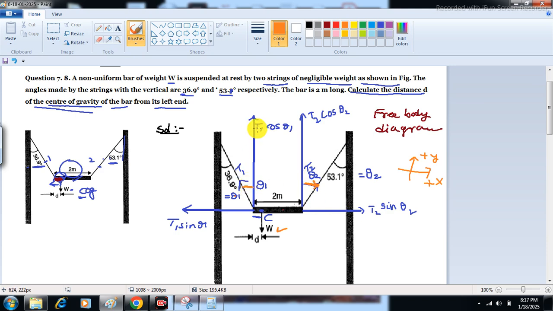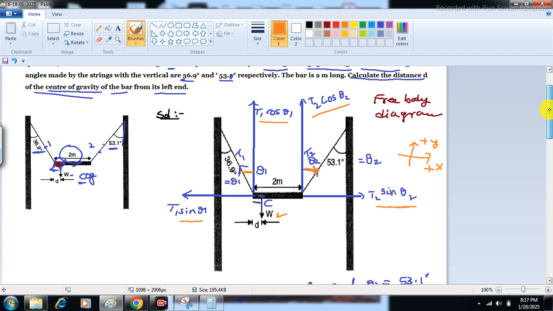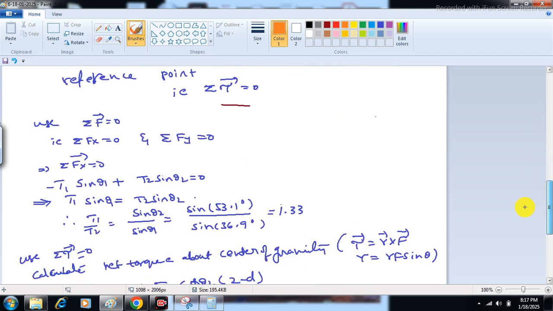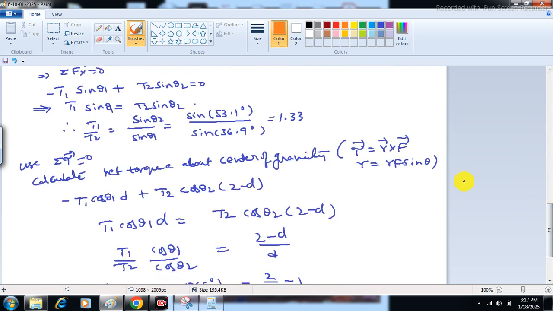Since it makes an angle with the vertical, the vertical component of T1 is T1 cos theta 1. The horizontal component of T1 is T1 sin theta 1. For tension 2, the vertical component is T2 cos theta 2 and the horizontal component is T2 sin theta 2.